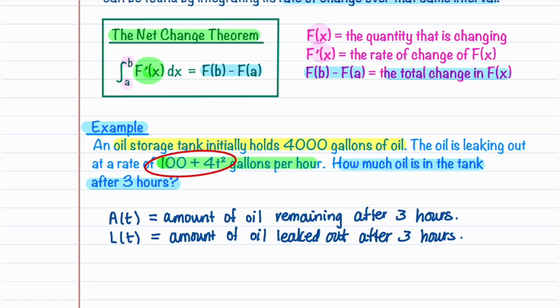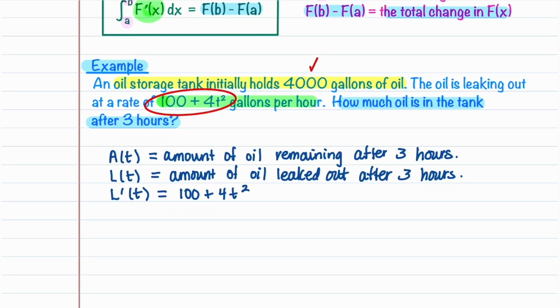And then let's also put down that we know what this rate of change of L is. So we can say L prime of t is the rate of change of oil leaking out, and that is 100 plus 4t squared.